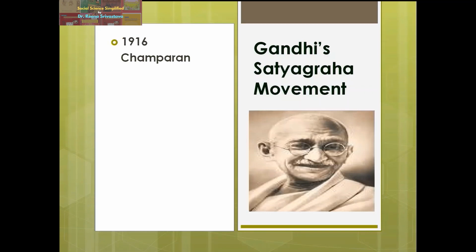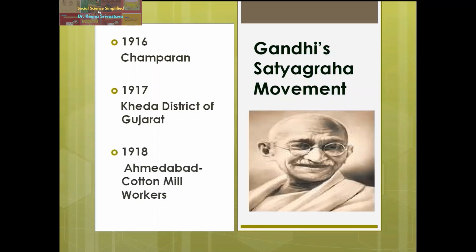Champaran is in Bihar and here he started Satyagraha movement against indigo plantation. Then in 1917 he went to Kheda district of Gujarat and there also he started Satyagraha movement against high revenue taken from the peasants. Then in 1918 he went to Ahmedabad and here he started Satyagraha movement with the cotton mill workers. So these three Satyagraha movements go to the credit of Gandhi.